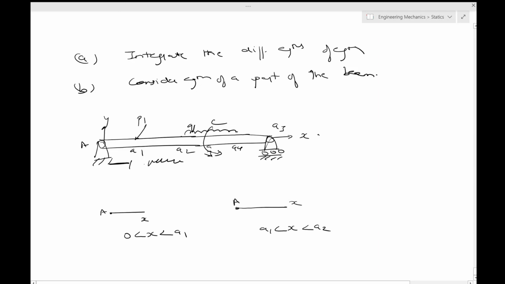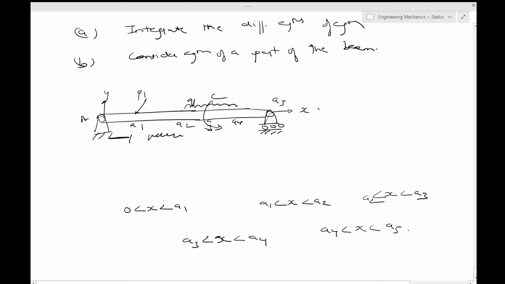Then another segment, x greater than A2 and smaller than A3. Lastly x greater than A3 and smaller than A4, and lastly A4 to A5.